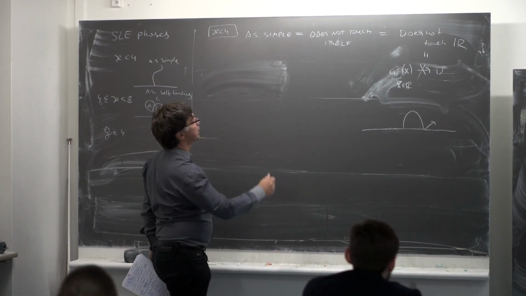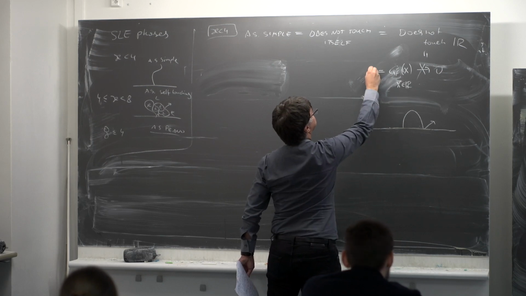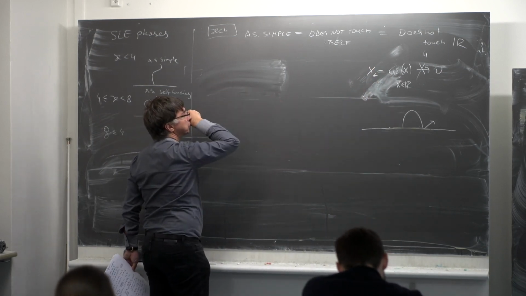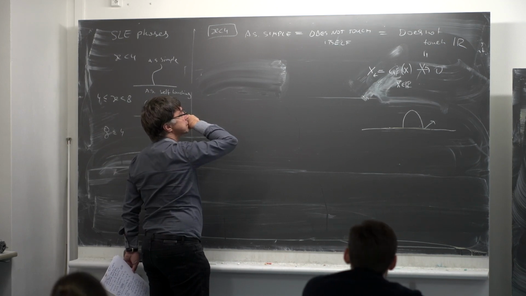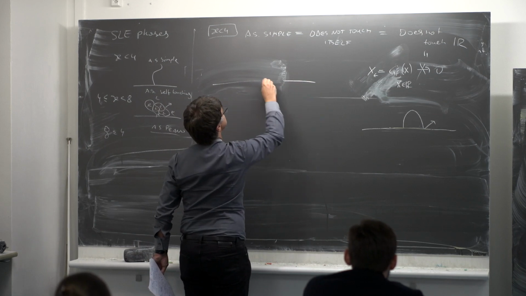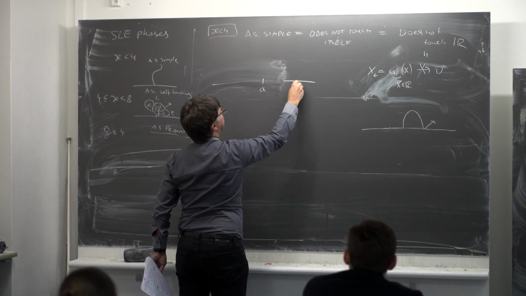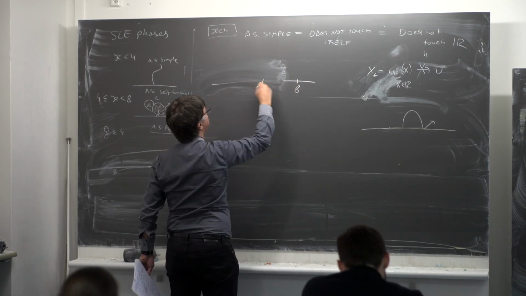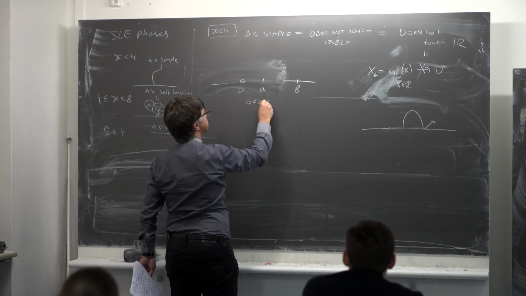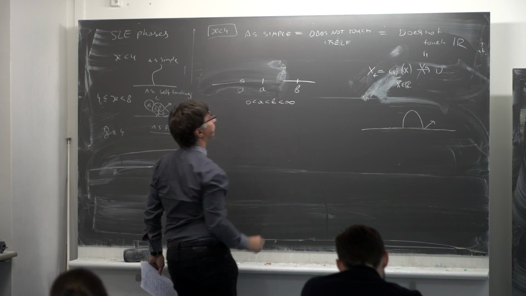Okay, so let's denote this by X_t. What we will do is first take some interval from a to b, so 0 is smaller than a, smaller than b, smaller than infinity.